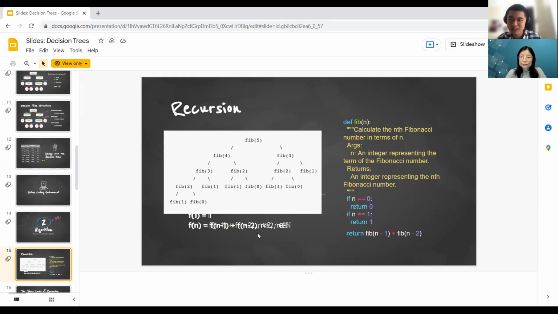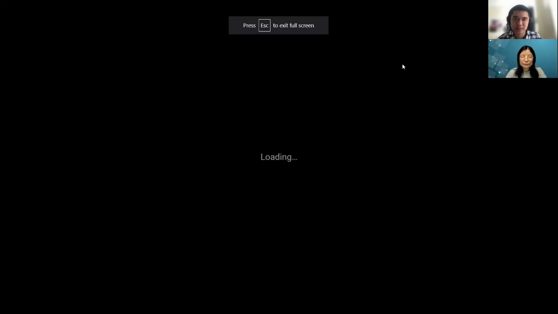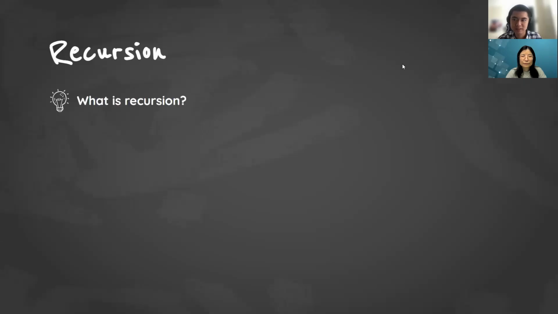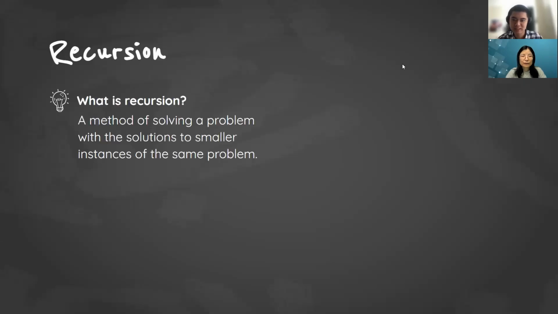If you actually press the slideshow button, like present it, it's animated. Okay, I see. What is recursion? We define those small instances, and then for the larger instance, we use those small instances to solve it.